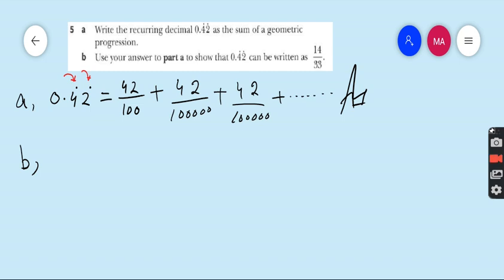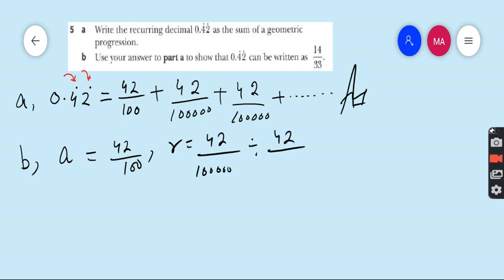Use your answer to part A to show that 0.42 recurring decimal can be written as 14 upon 33. Very easy. Sum to infinity: a is 42 upon 100 and r is 42 upon 10,000 divided by 42 upon 100.